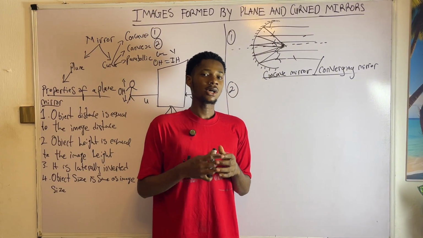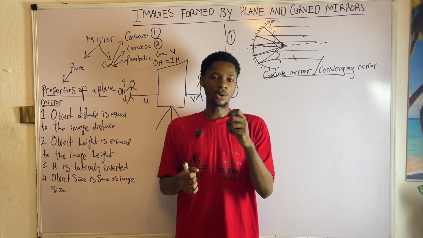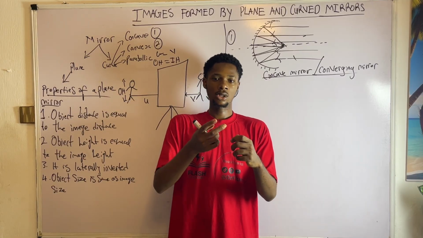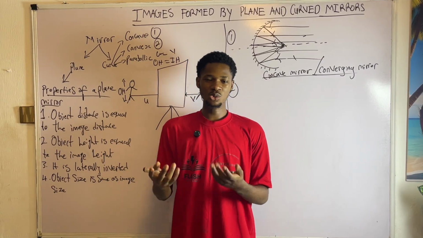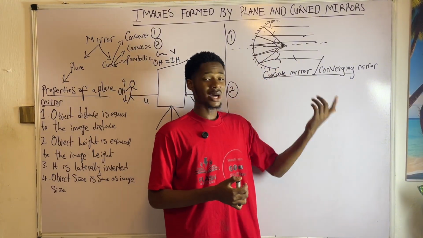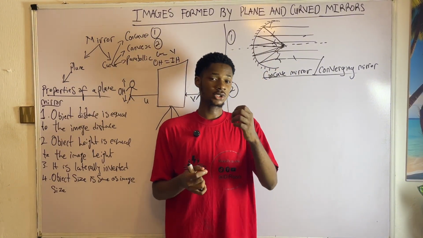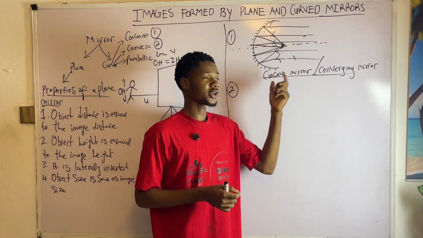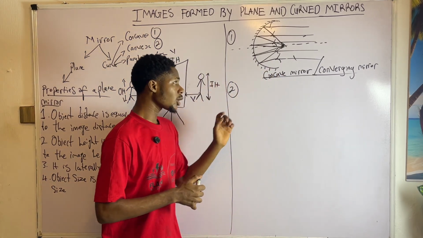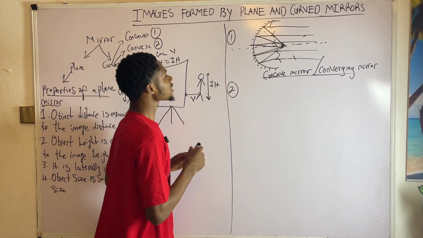The reason is because there's a particular distance you place the mirror from your face, and your face will become bigger, so you can see everything you are shaving clearly. But in Nigeria, most times we don't make use of that. We make use of a plain mirror. As far as we are seeing ourselves, we can shave. So the best mirror to make use of for shaving is what now? The concave mirror. Now the next one we're going to talk about is the convex mirror.